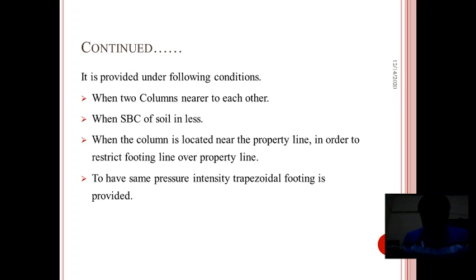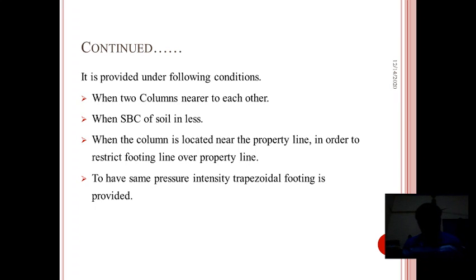So these combined footings are provided under the following conditions: when two columns are nearer to each other, when the SBC of soil is very less, that means the safe bearing capacity of soil is very less. Usually in the case of black cotton soil, we provide this type of footing. When the column is located near the property line, in order to restrict the footing from extending over the property line.